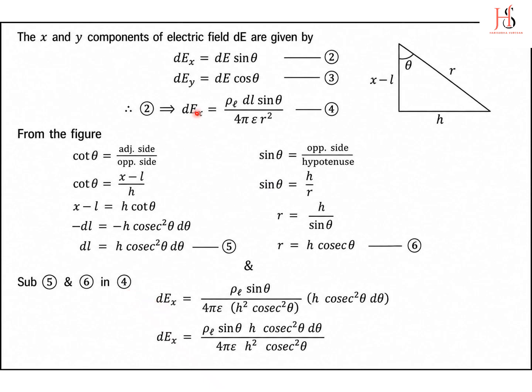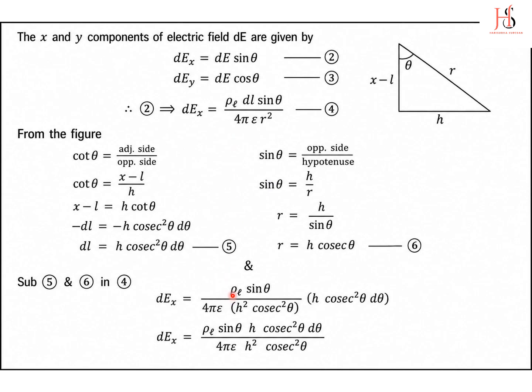So we can write dEx is equal to rho L, instead of dl we replace with h cosecant square theta d theta, and the sine theta as it is, divided by 4 pi epsilon r square, where instead of r square we replace with h square cosecant square theta.